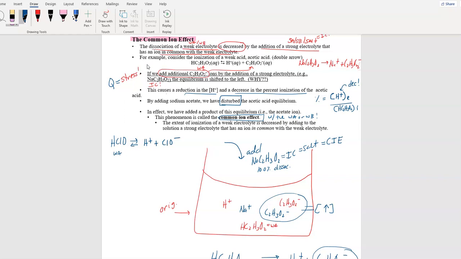If I wanted to add a salt to this, I would have to pick a salt that is not only ionic but has a common ion with it. Something like sodium hypochlorite or potassium hypochlorite, or if I want a different metal, magnesium hypochlorite, and obviously that 2, I'm even going to produce more of that common ion.